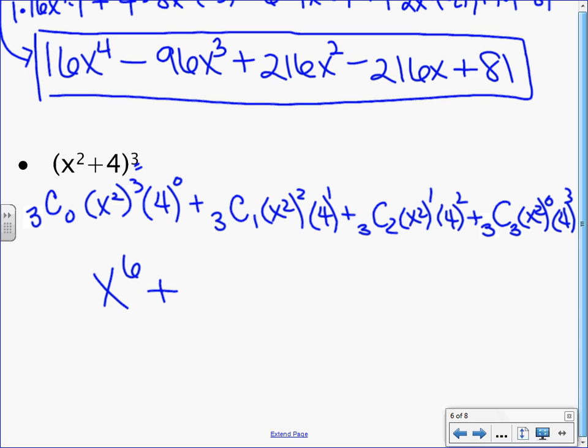So 3 times 4, x squared squared. 3 combinations of 2, 4 squared. 16 times 3, so 48. Here are 2 different things. And then x squared to the first. 3 combinations of 3, x squared to the 0, 4 cubed, 64.